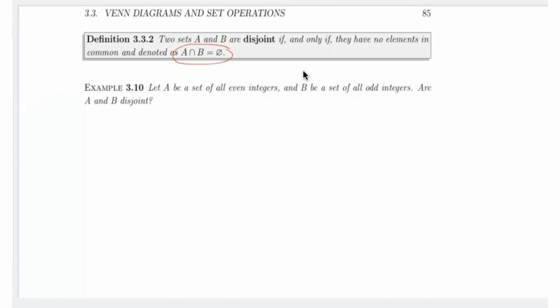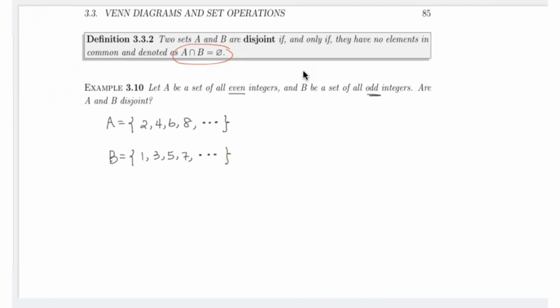Set A is the set of all even integers. Set B is the set of all odd integers. Are they disjoint? Let's write it out. Set A is the set of even integers: 2, 4, 6, 8, and so on. Set B is the set of all odd integers: 1, 3, 5, 7, 9, and so on. This is the set roster method.